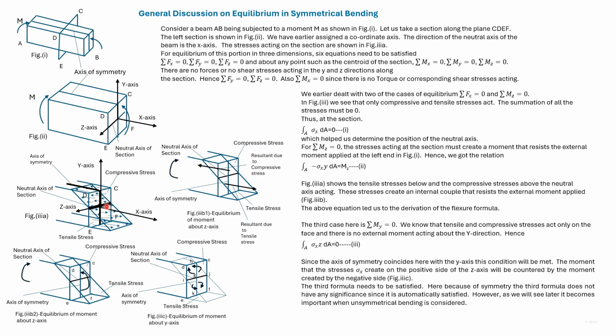They are normal stresses. So the summation of all the normal stresses has to be 0, from which we get this equation. This equation was used to determine the position of the neutral axis earlier.